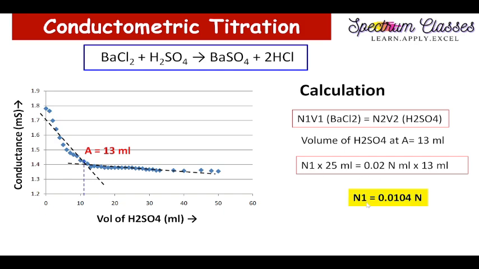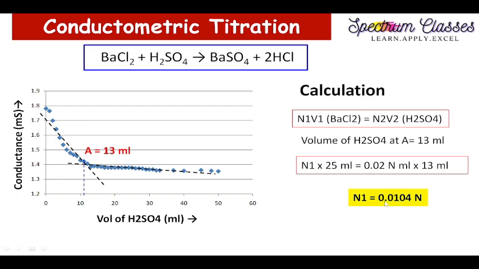On solving this, I get the normality of the barium chloride solution as this much, but I prepared a 0.02 normal solution, so there may be some errors, or there may be some impurities present in the salt. Whatever the reason, I didn't get what I prepared.